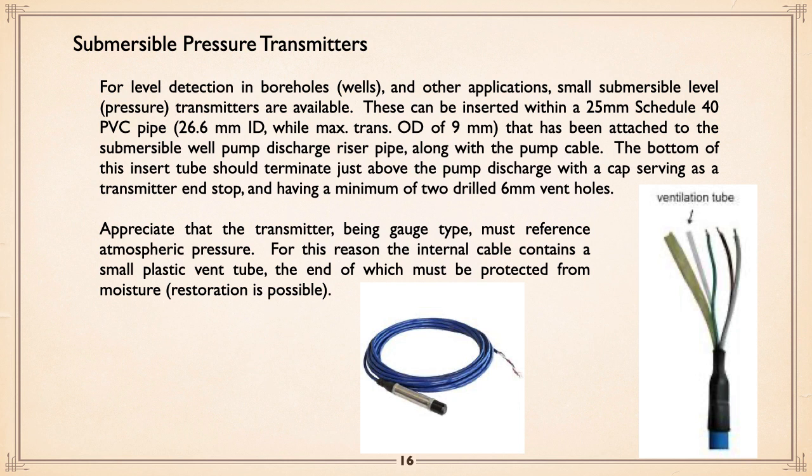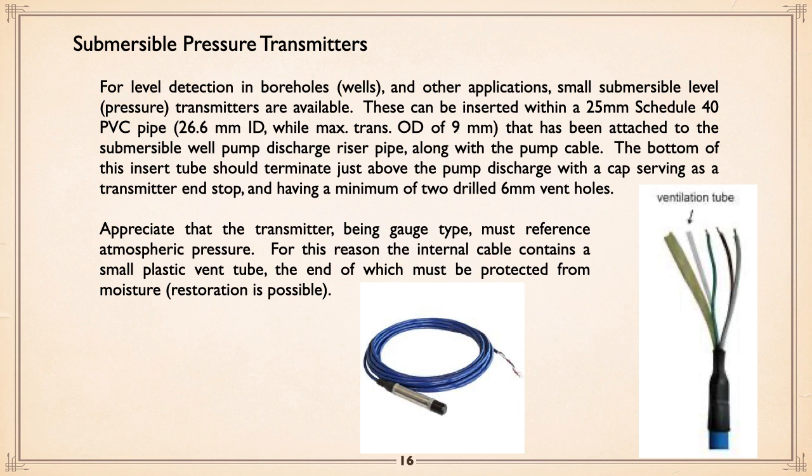The bottom should terminate just above the pump with a cap serving as the transmitter end cap. In other words, drill a hole in the bottom of it so water can get into it. You've got a cap at the bottom which will stop the transmitter from falling clear of the pipe, and drill in a couple of 6 mm vent holes so water can get inside.